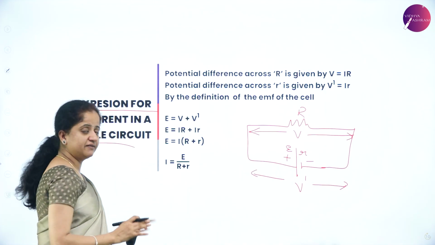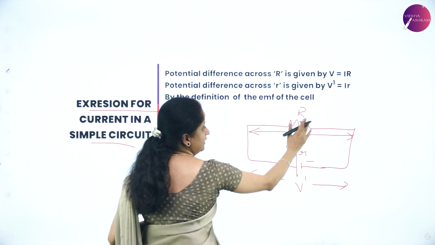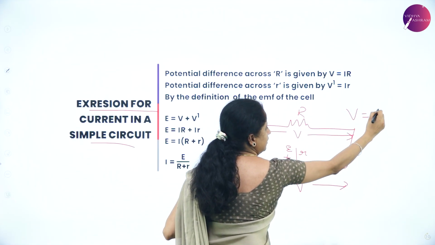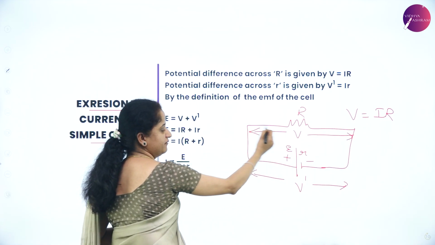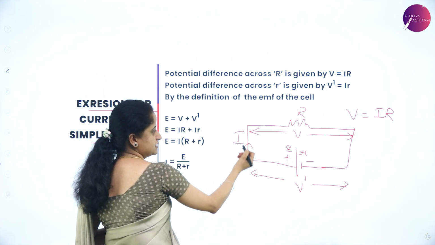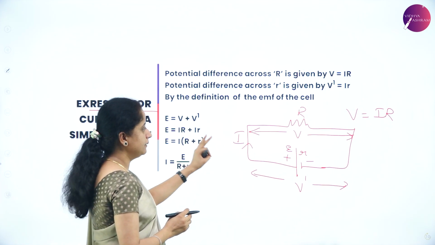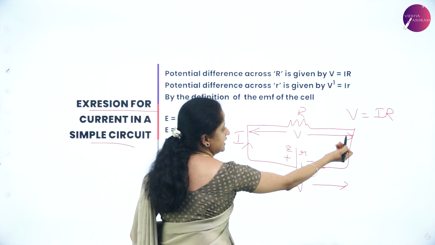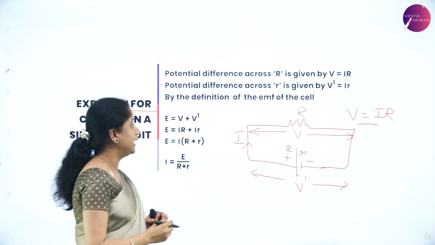So let us now derive the expression for current. The potential difference across R is given by V is equal to IR, from Ohm's law, because if it is maintained with a potential, current is flowing from the positive terminal and through the circuit.